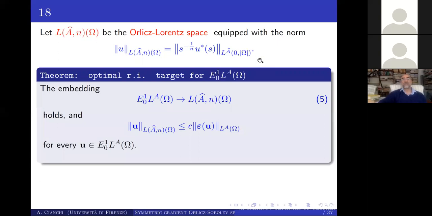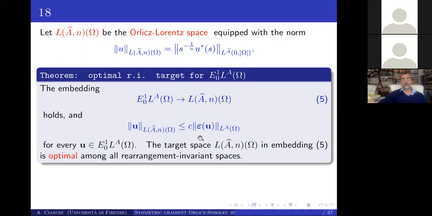Now with this notation in place, I can state the result for these spaces. And the result is that one has an embedding from E1LA into this Orlicz-Lorentz space and the corresponding Poincaré type inequality. And now this target, this Orlicz-Lorentz space here, is optimal, as it was for W1P and E1P, among all rearrangement invariant spaces.